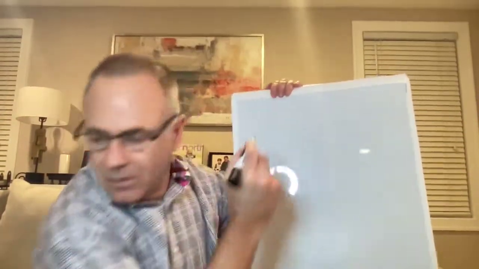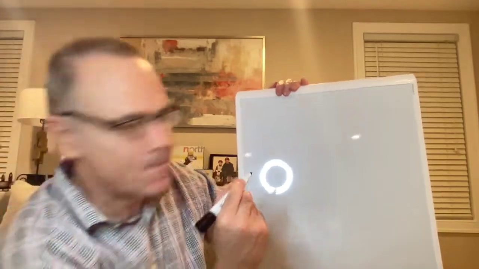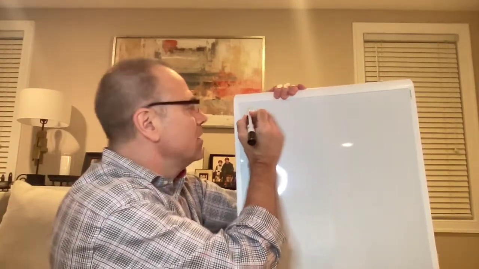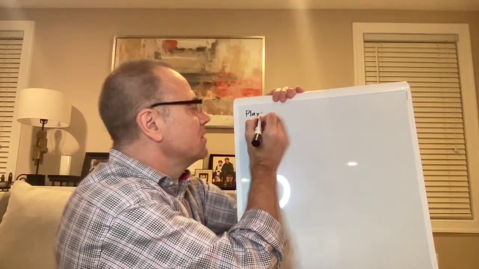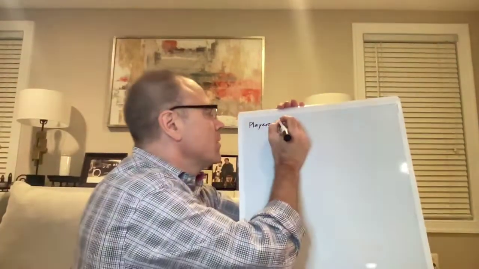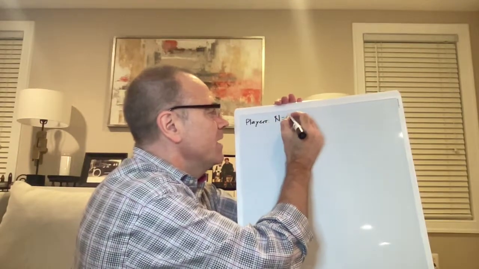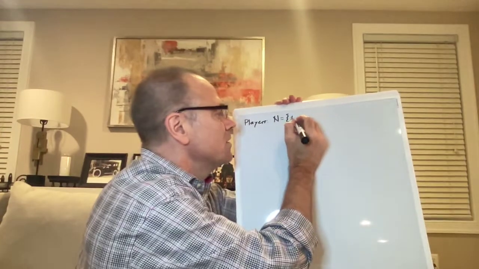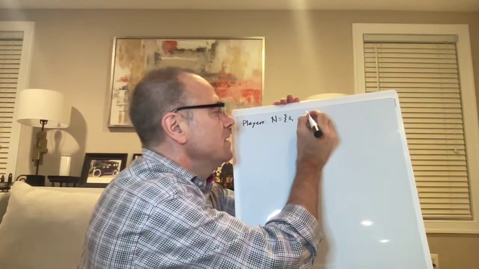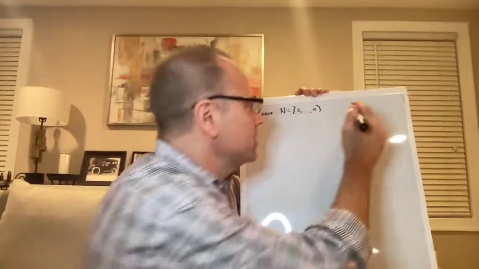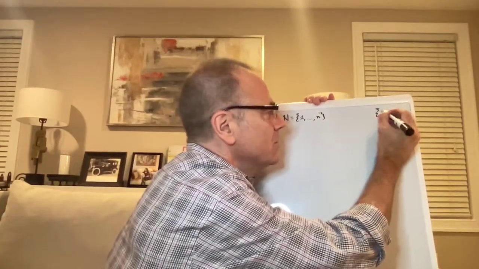Here, this is the general case on the left side. Players, big N, and it equals 1 dot dot dot to N. Now, in the ox game, the players are just two.